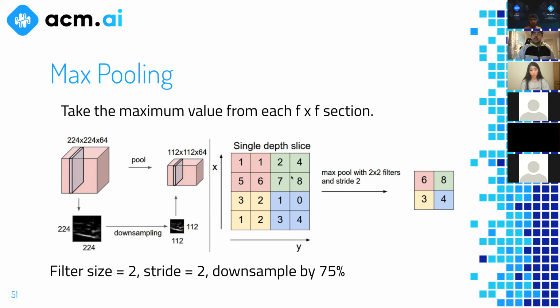So we would get to the 2, 7, and so on and so forth. What we're doing here is downsampling by 75%. What that exactly means is we're reducing each of these dimensions, the 224, by half, so we would downsample by 75% overall.